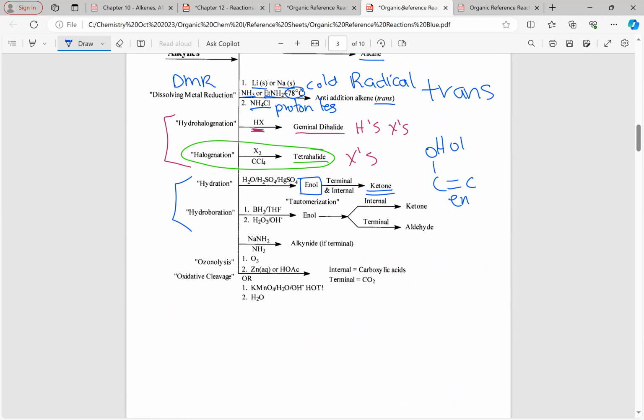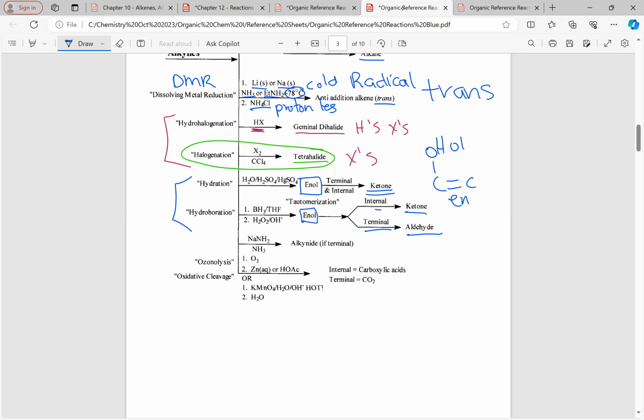But with hydroboration, again, we had that enol, but if you have internal, it will end up as a ketone. But the example I gave you was a terminal, okay, so that alkyne was on the end, and so we ended up with an aldehyde. So there's two ways to make ketones, but there's also one way to make the aldehyde.